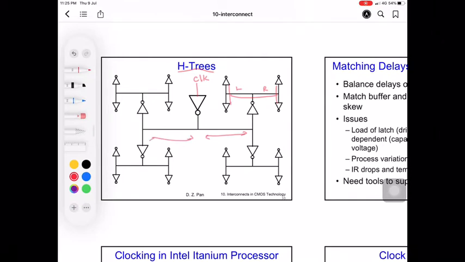An advantage of this H tree is that it has equal length to the right and also equal length to the left.